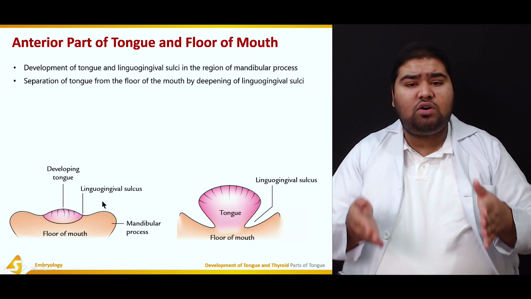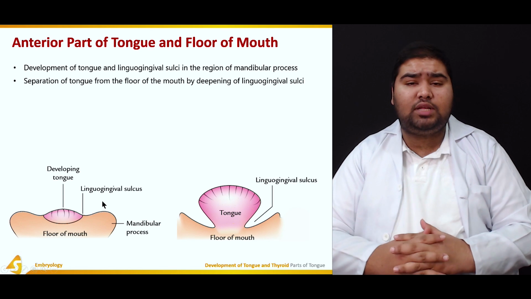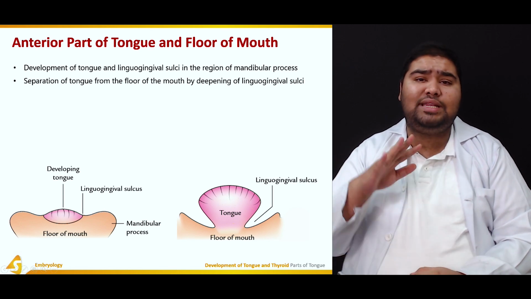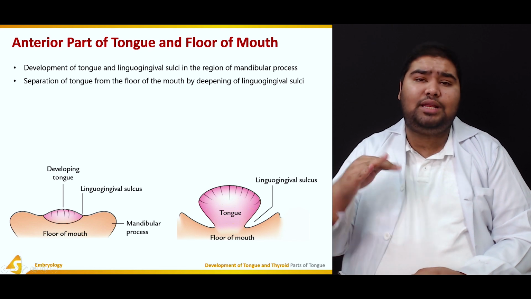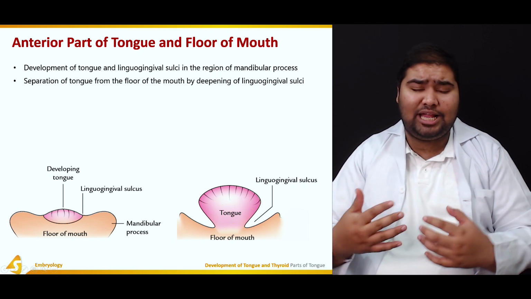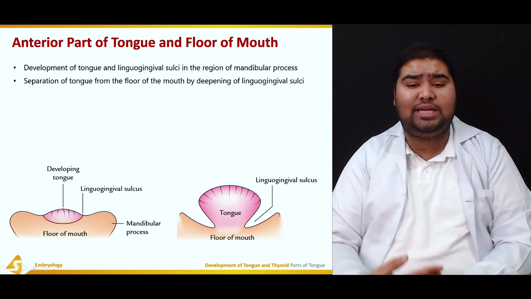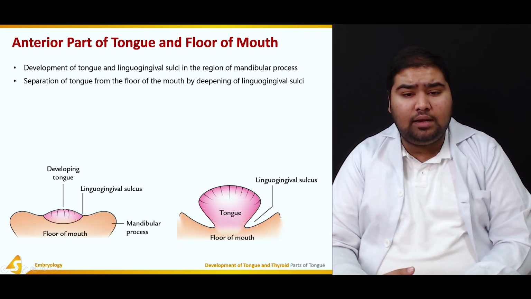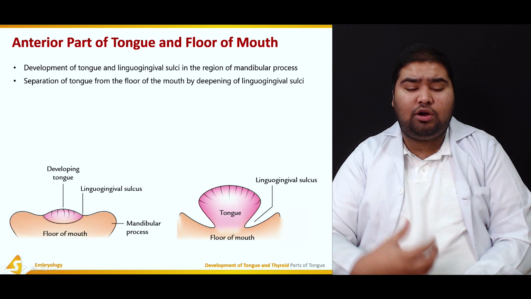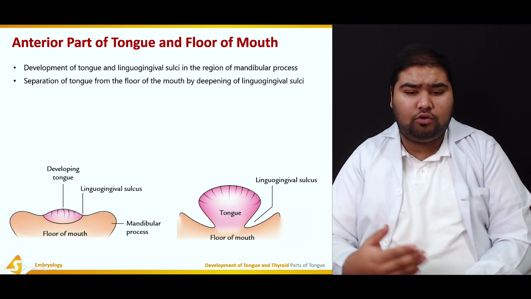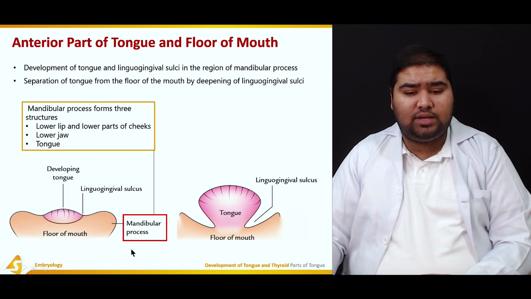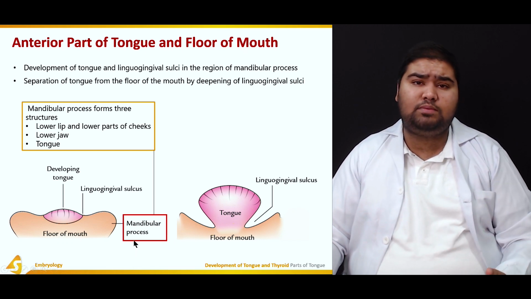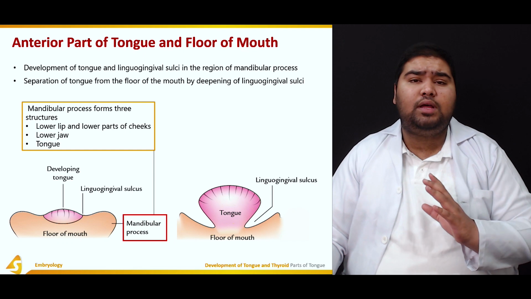So the separation of the tongue from the floor of the mouth is by the deepening of this lingogingival sulcus, and this deepening helps in the separation of the anterior portion of the tongue, or the entirety of the tongue, from the floor of the mouth. So the mandibular process forms three structures. We have talked about this before in the development of the face.